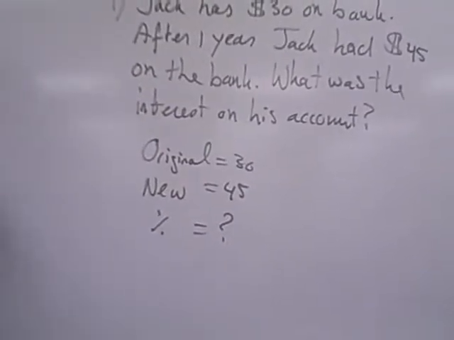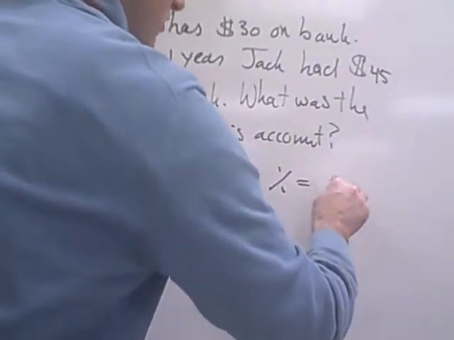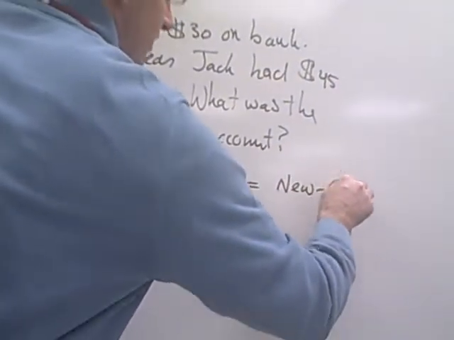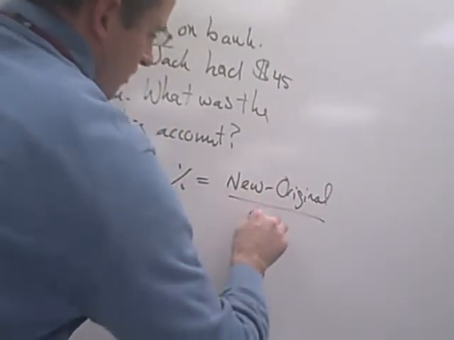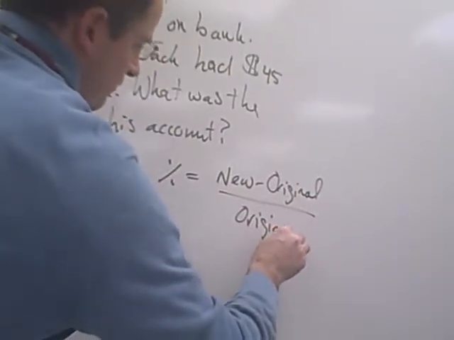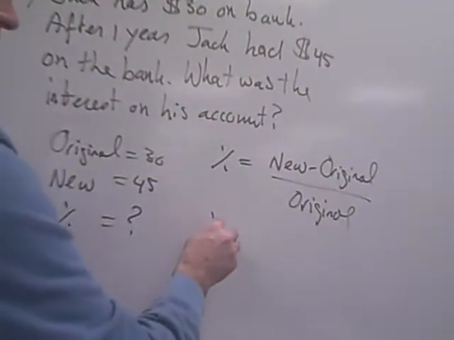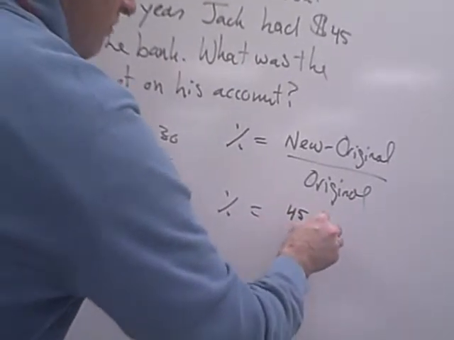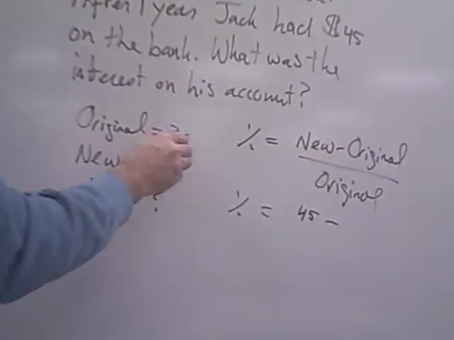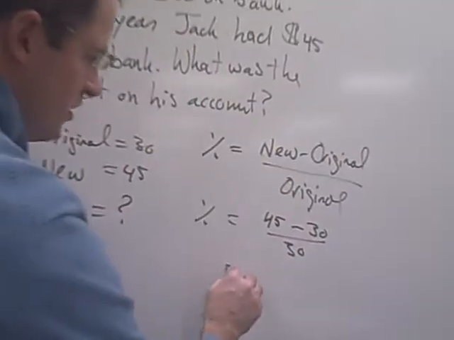To solve this type of problem, we need the formula: percent equals new minus original divided by original. And all I do is I plug in what I know. The percent increase is new, 45, minus original, 30, divided by original, which is 30.